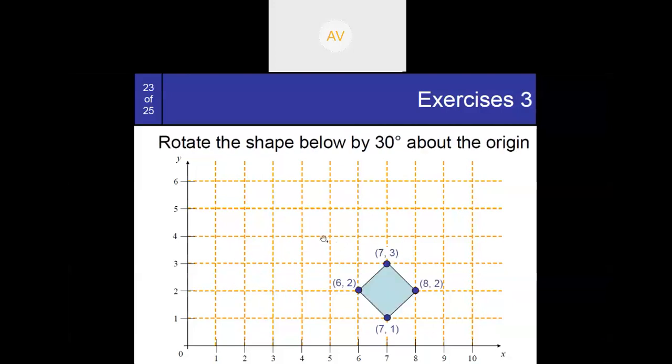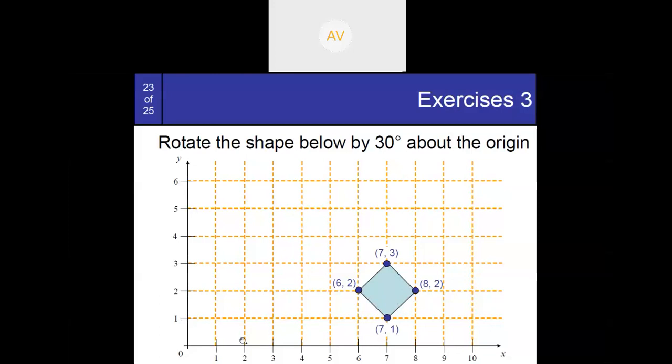Similarly, for this one, they have said rotate the shape below by 30 degrees about the origin. So what you have to do is translate by -7, -1.